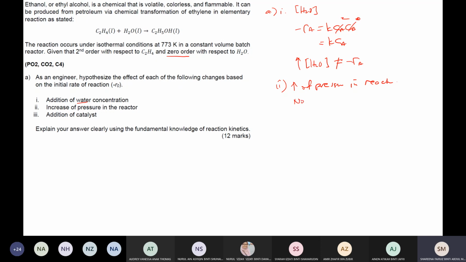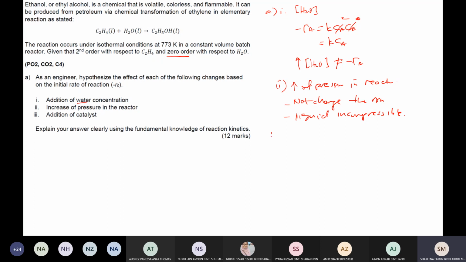Okay, sebab apa? This is liquid is incompressible. Okay, so bila dia incompressible, kalau you increasekan dia pun dia tak akan increase kecuali kalau di dalam bentuk gas.